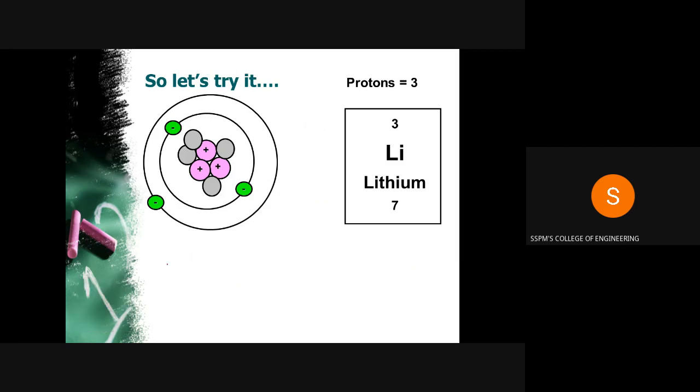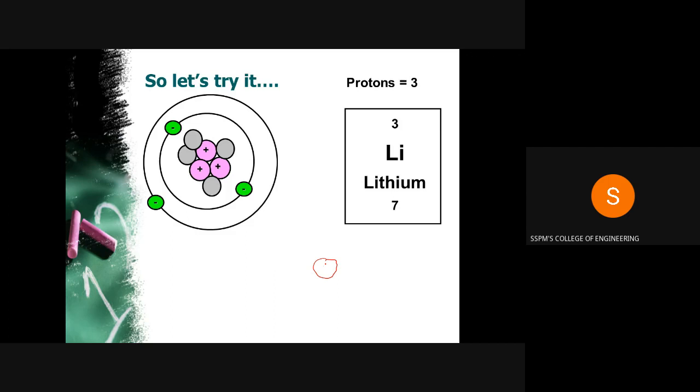In the orbital structure, there are 6 protons and 6 neutrons, so you write 6 protons and 6 neutrons at the center of the nucleus, and the electrons are placed outside.